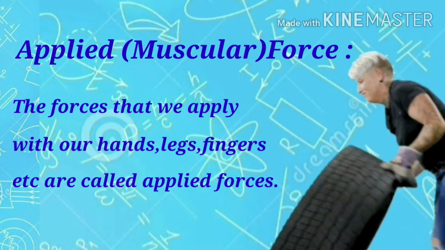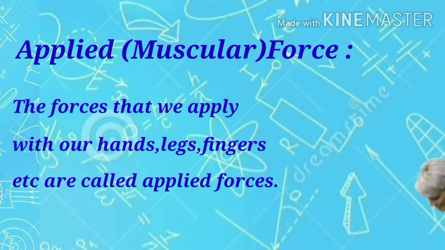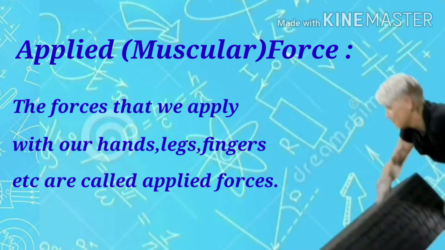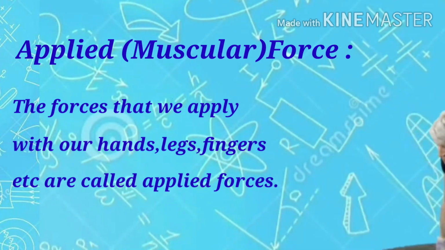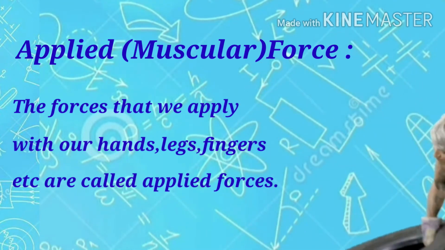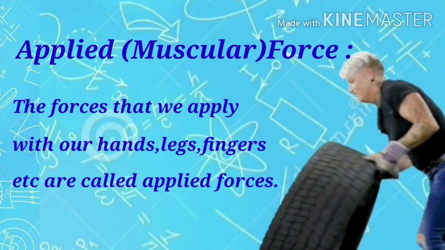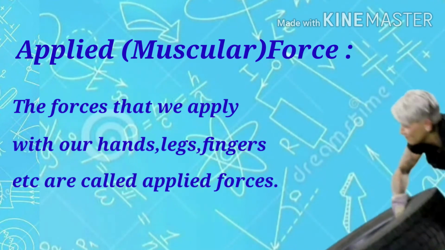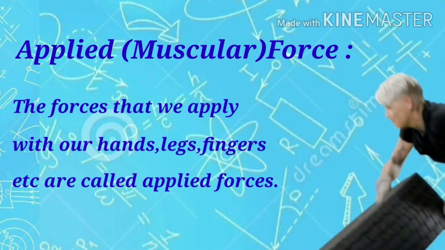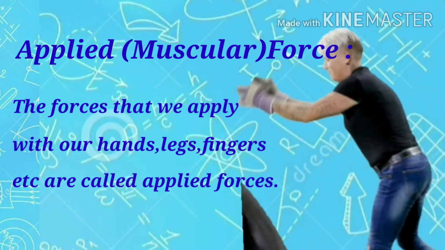तो मस्कुलर फोर्स या अप्लाइड फोर्स क्या है? जो फोर्सेस हम हमारे हाथ, लेग्स, फिंगर्स के द्वारा अप्लाई करते हैं, उस टाइप के फोर्सेस को हम अप्लाइड फोर्स या मस्कुलर फोर्स कहते हैं. जब हम कोई भी ऑब्जेक्ट को पुश या पुल करते हैं, तो ब्रेन मसल्स को सिग्नल प्रोवाइड करता है और उसकी वजह से मसल्स कॉन्ट्रैक्ट या एक्सपांड होते हैं और काम करते हैं.